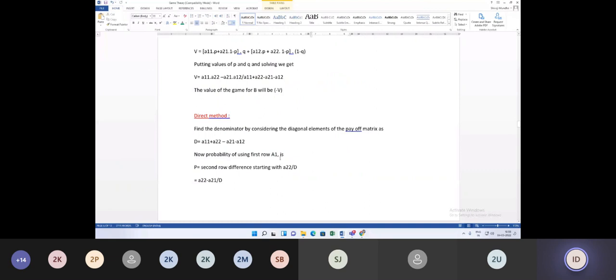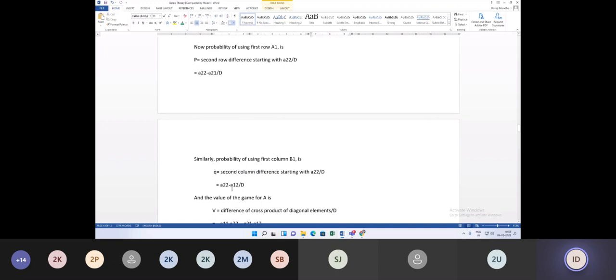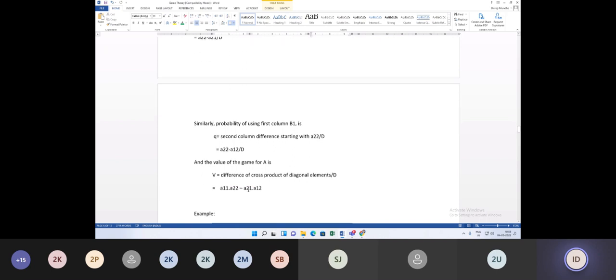Now the probability of using row A1 is A22 minus A21 divided by D, and similarly here A22 minus A12 divided by D. Similarly, the first column B1 probability is worked out from the second column difference, that is A22 minus A12 divided by D. And the value of the gain for A is V, the difference of the cross product of diagonal elements divided by D. So A11 multiplied by A22 minus A21 multiplied by A12, divided by D, is called V. Finish. It's the direct method.